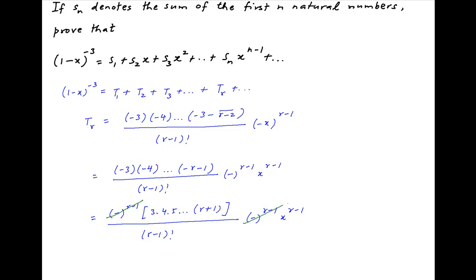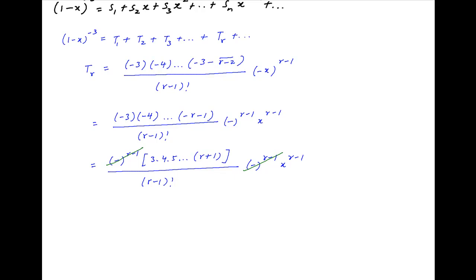The product of the two terms, (-1)^(r-1), is equal to 1, and multiplying and dividing by 1 times 2, tr is equal to (r + 1) factorial divided by 2 times (r - 1) factorial multiplied by x^(r-1).